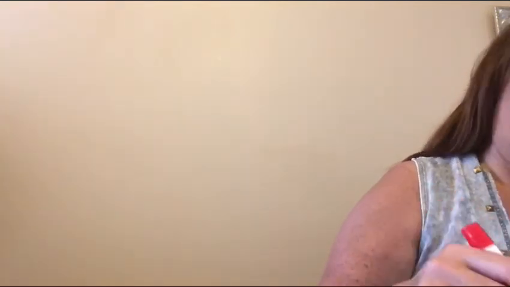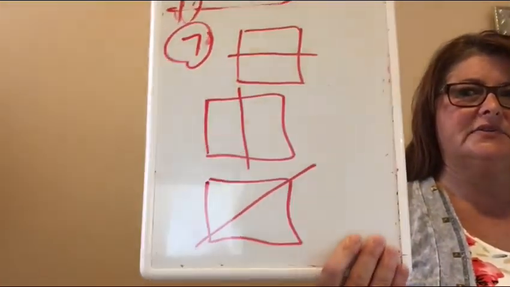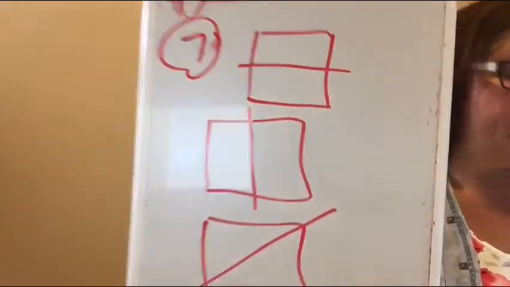How could you cut it in half so you both have 2 equal pieces? Everyone have something like this? If you were going to share it with your sister or brother, how would you cut it into 2 equal pieces? You with me? Good.